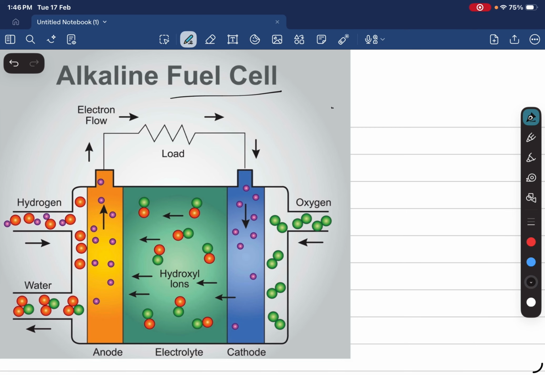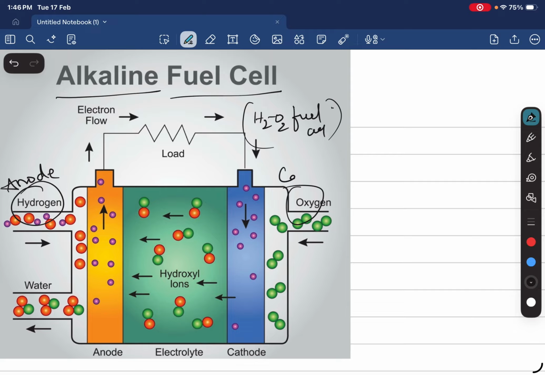Alkaline means that the electrolyte here is NaOH or KOH. It is also written as the H2-O2 fuel cell. On one side, H2 gas is the anode, O2 gas is the cathode. When these react with the electrolyte, we get water. That is the overall reaction that happens here.